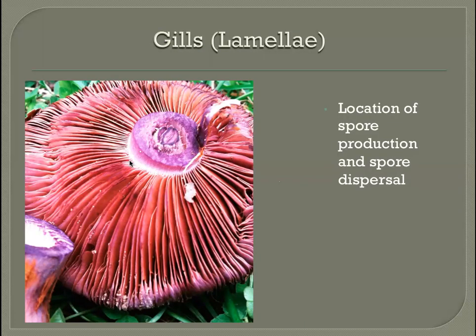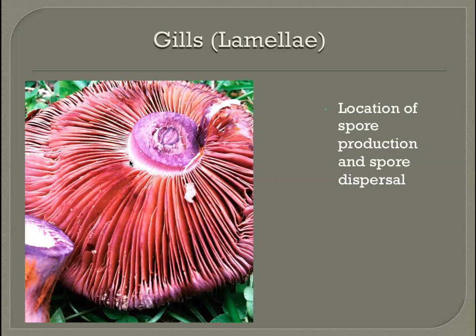And of course, we want to look at the gills of the mushroom. If we have something that looks like this fruiting body, we call these blade-like gills. And how they look and present themselves is really important for us. And of course, they're the location of spore production.